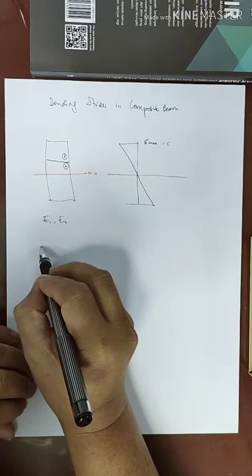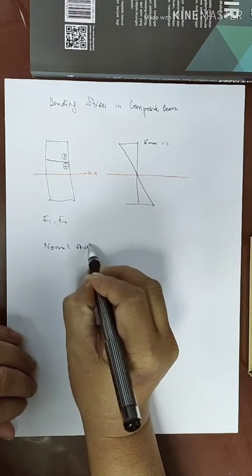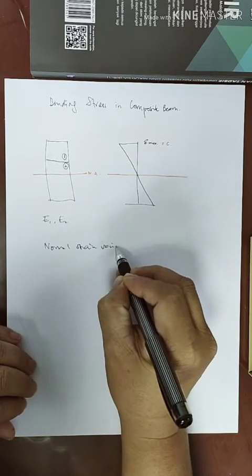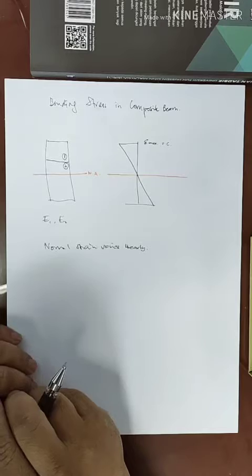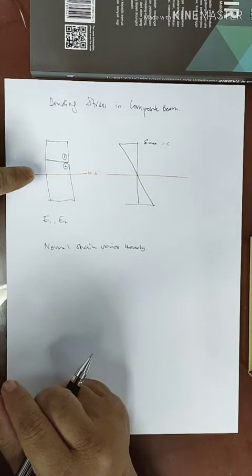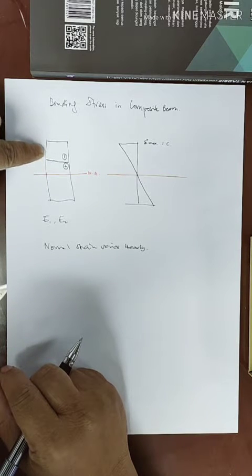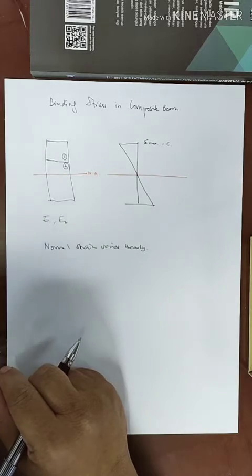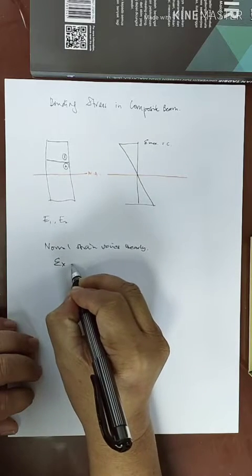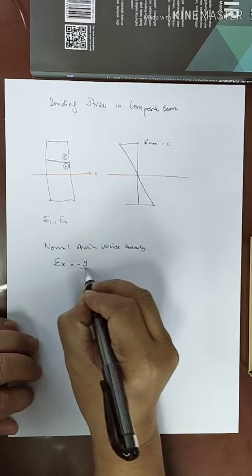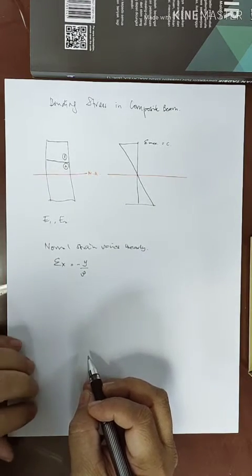So normal strain usually varies linearly. From the center the strain should increase up to the maximum value of y. So in this case, epsilon x equals negative y over rho, as previously discussed in a previous section.